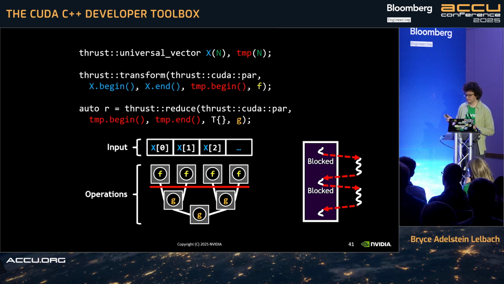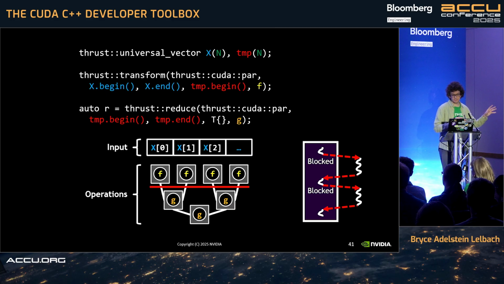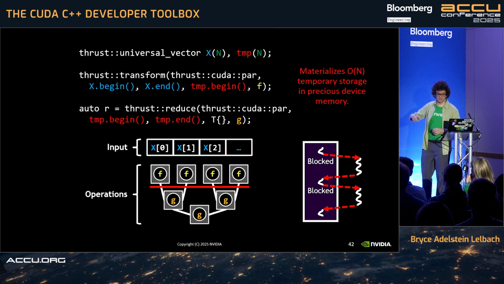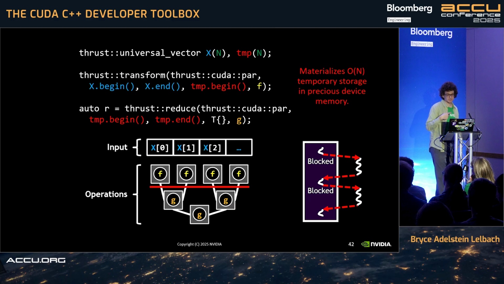In our example, this leads to an unnecessary latency bubble, which can degrade performance. We're waiting on the host for the transform to finish before we can even launch the reduce, even though there's nothing that we need to do on the host with the result of the transformation. Additionally, we've had to allocate temporary storage for the transformation, which will waste precious device memory. GPUs don't have a ton of memory, and it causes expensive and unnecessary loads and stores from device to global memory.